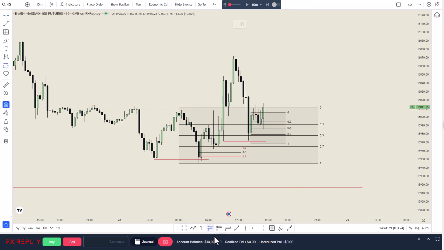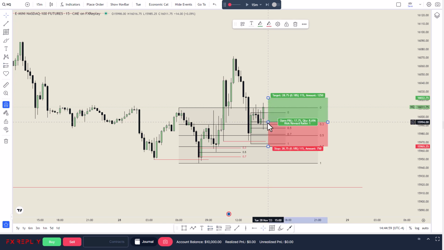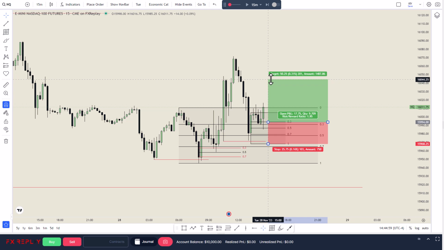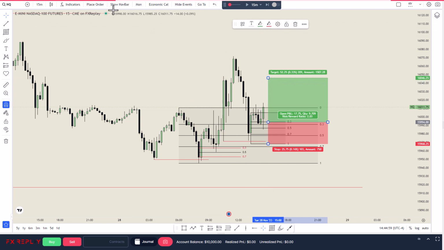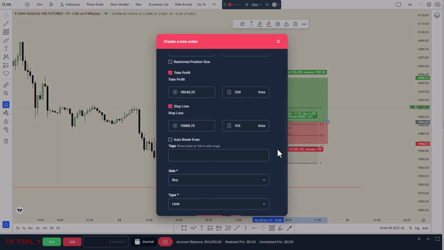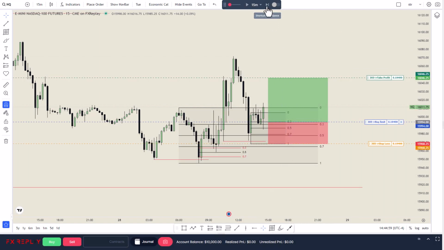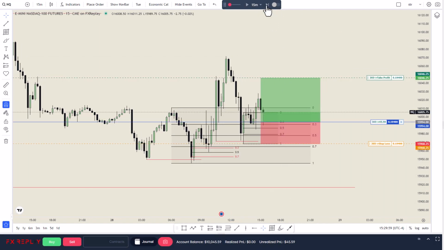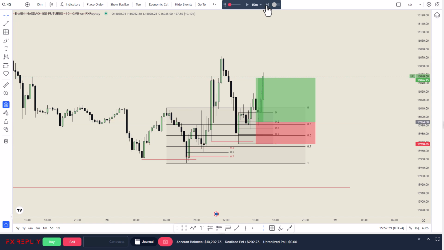So let's see if this is going to give us a nice entry from here. And let's target 2R, right? Okay, we are in. A beautiful 2R, right? Beautiful.